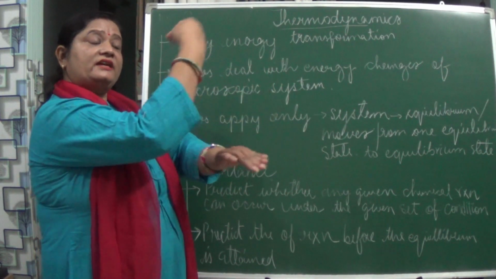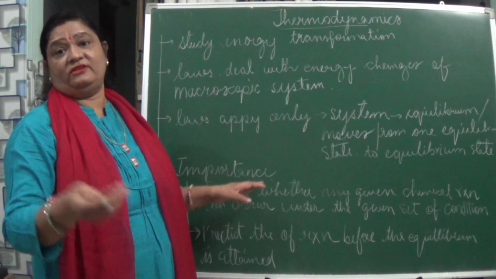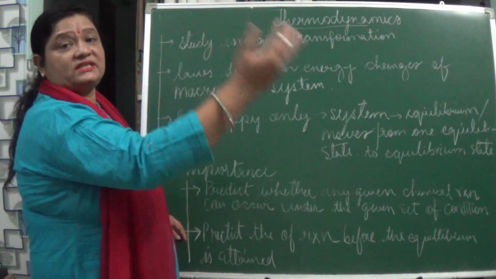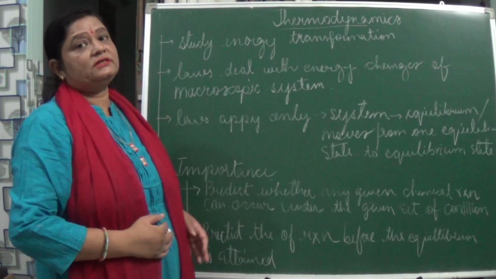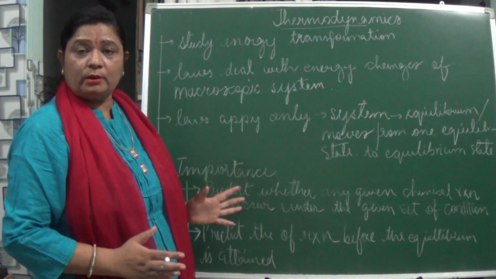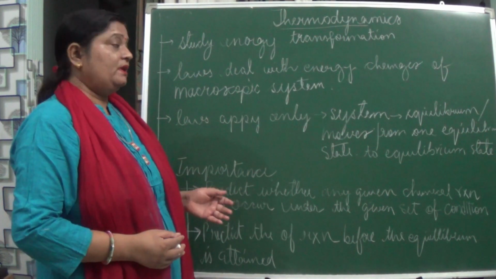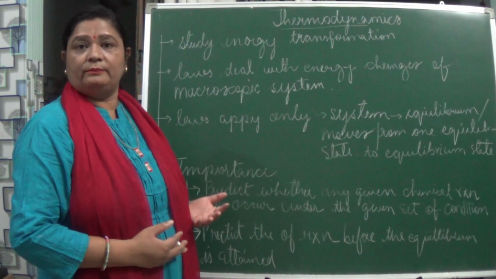As a result, the reaction will reverse to the reactant side, and we see that reversible reactions occur. So basically in thermodynamics we will be studying these things at a large level, our surroundings, and how the transfer of heat or energy is going on.